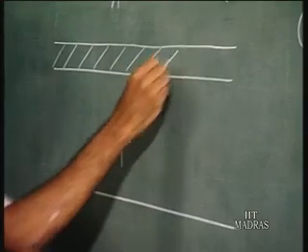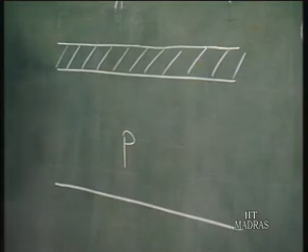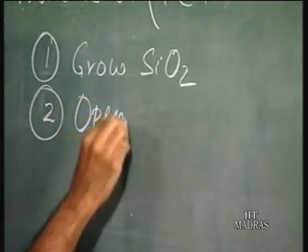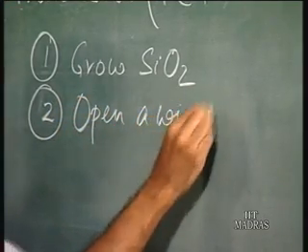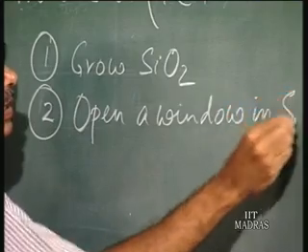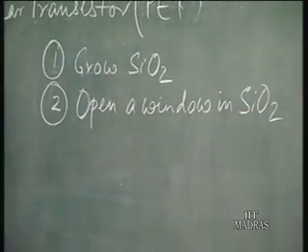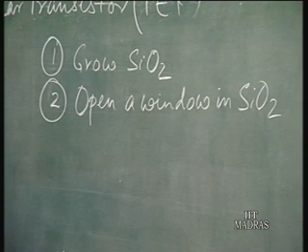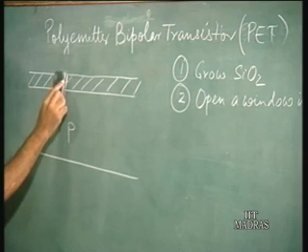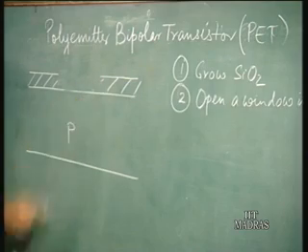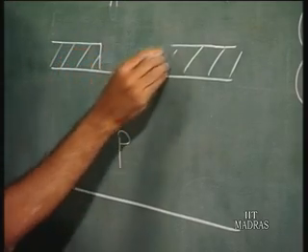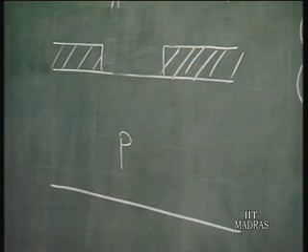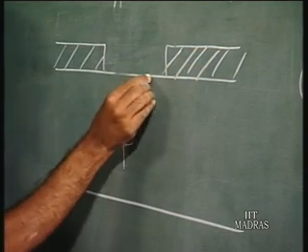Then open a window in silicon dioxide using a mask. So, you open a window in silicon dioxide, and you have a structure like this. It is here where you are going to form the emitter base junction.